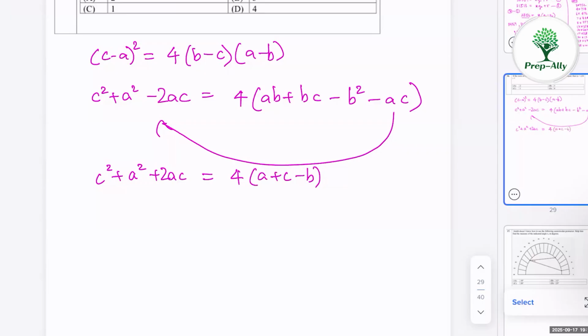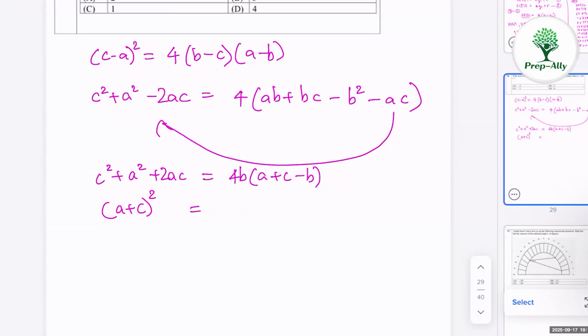And this is (a + c)², which is equal to, sorry, here we had 4b times this.